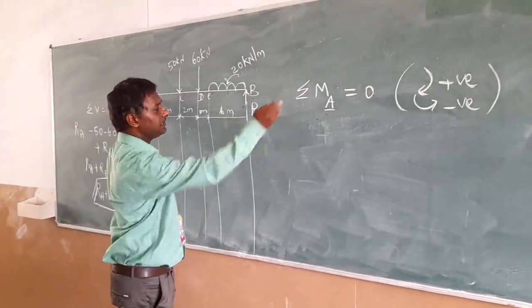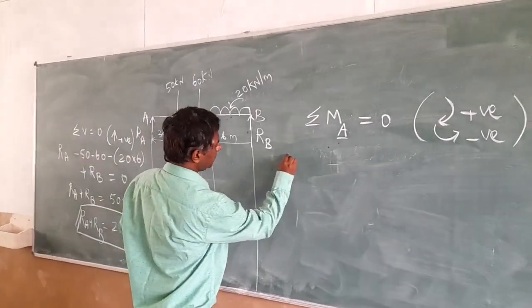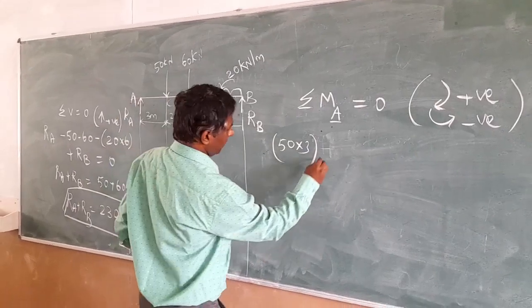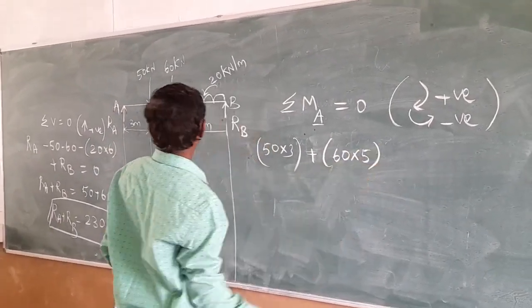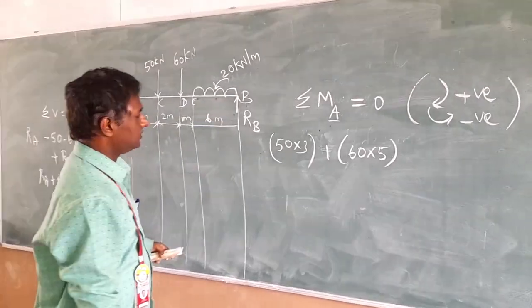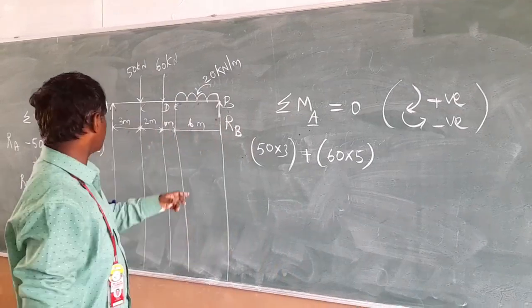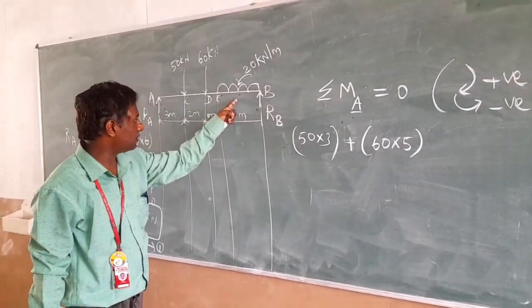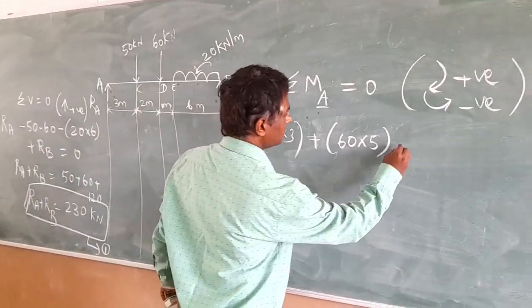So 50 into 3, 60 into 5, and the UDL. First consider whether it approaches the point clockwise or anti-clockwise. Since it is a downward load, it approaches point A clockwise, so it is positive.